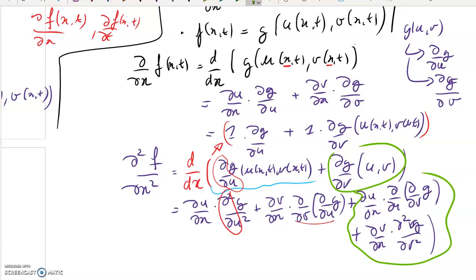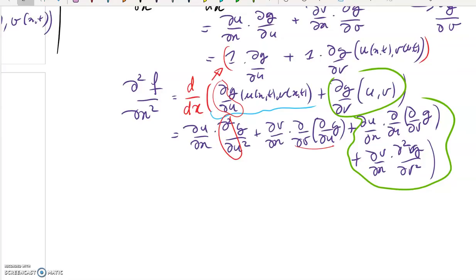All right, so let us make this a bit cleaner. We then have du over dx, again that's going to be 1, d2g over du square, dv over dx, that's again going to be 1.